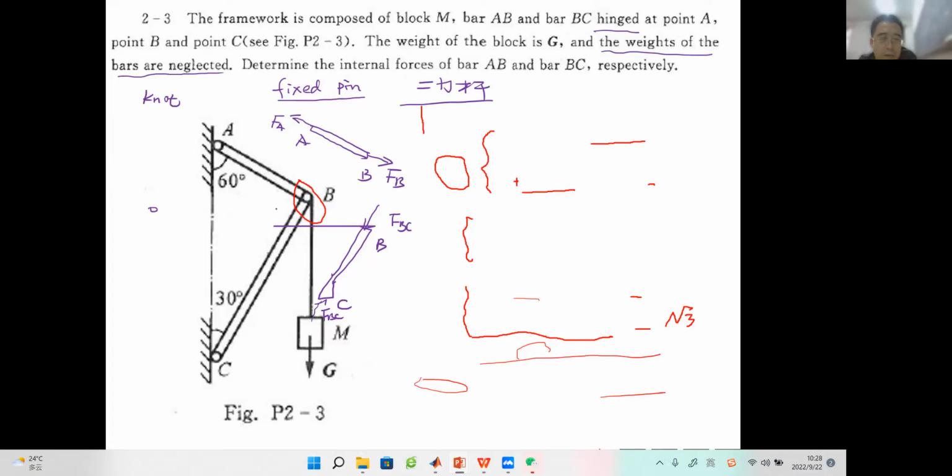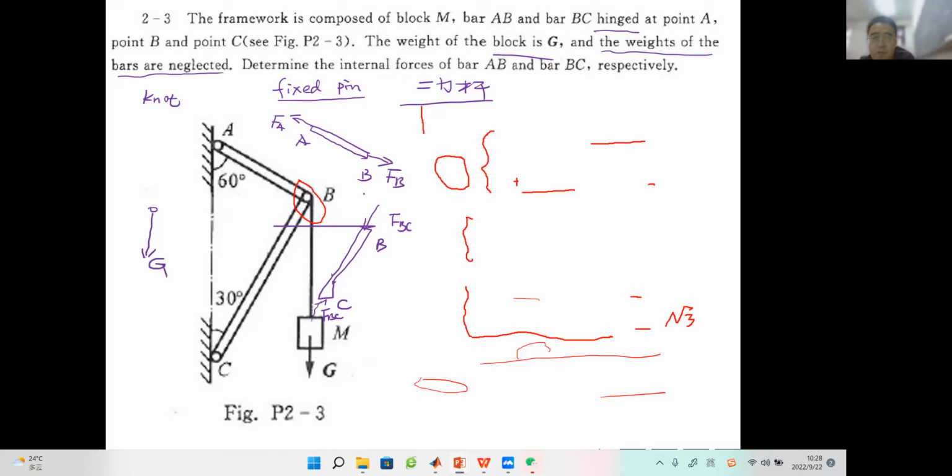Here it has active force G, because it is a known condition. It is the gravitational force of this box M, right? And we also should consider from the point of view of action and reaction force.